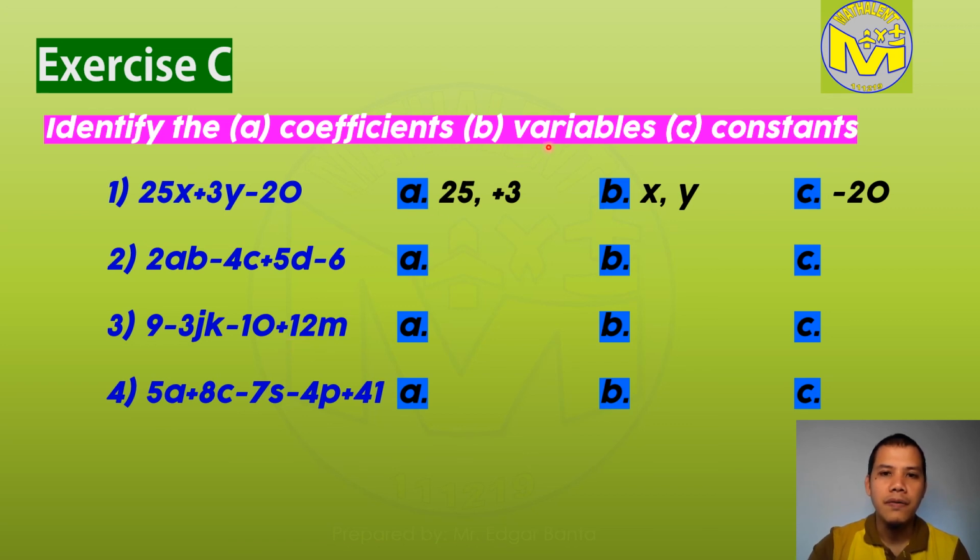And variables and constants: variables are the letters. Constants are numbers alone, just like minus 20, minus 6, 9, minus 10, and plus 41. Those are the constants.